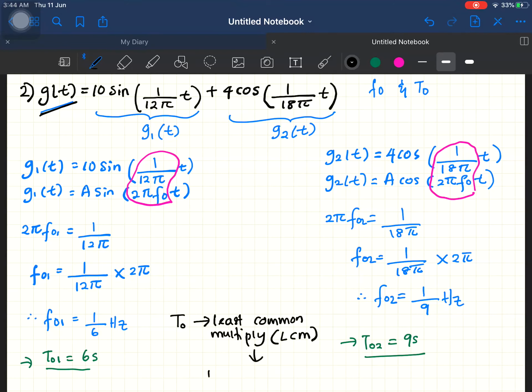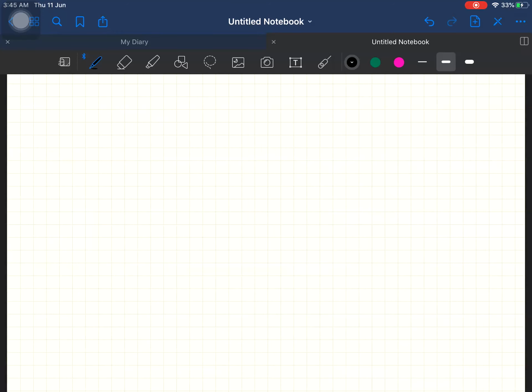This is just a mathematical theory, and we will show you how to apply this LCM. So now we have two numbers, T naught 1 equals 6 seconds and T naught 2 equals 9 seconds. We want to find the least common multiple between these two numbers.